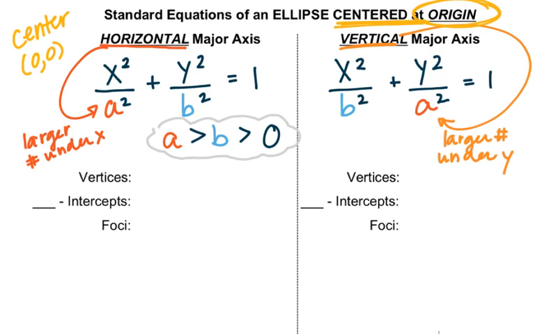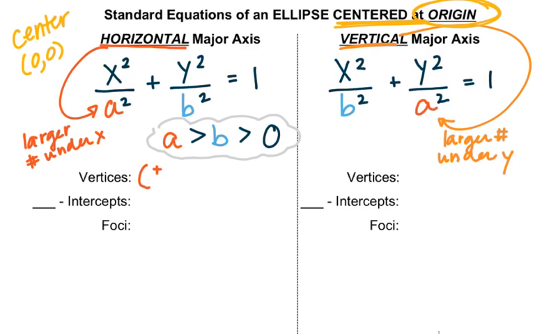All right, so let's look at taking this information and writing our attributes for a horizontal major axis ellipse. So the vertices, a is the biggest number. a represents the furthest distance off of the center. Since we're dealing with a horizontal major axis ellipse, my vertices are going to be changes in the x value.